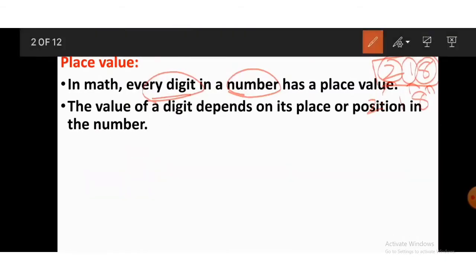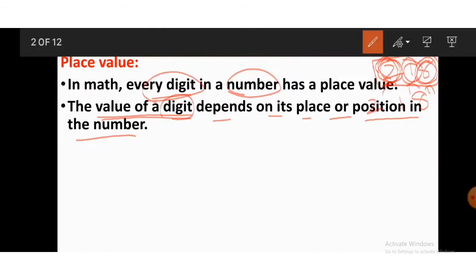The value of a digit, the value of what? The value of a digit, a single individual digit, depends on its place or position in the number. Which is a digit in this? 2, 1 and 8 are digits, right children?